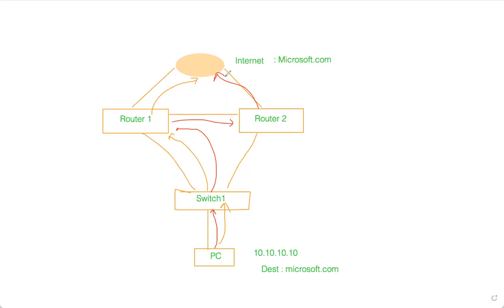So you consider the shorter path, from PC to switch one to router one, and router one to the internet. Okay, you're justifying your shorter path. But PC to switch one to router two to the internet is the same path, right? Do you have any justification on that?